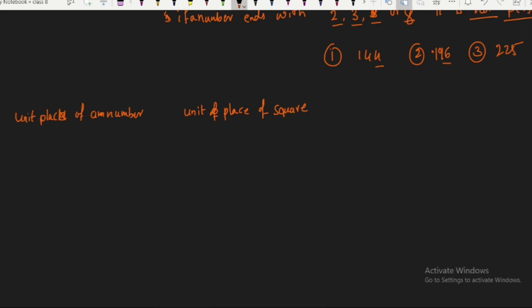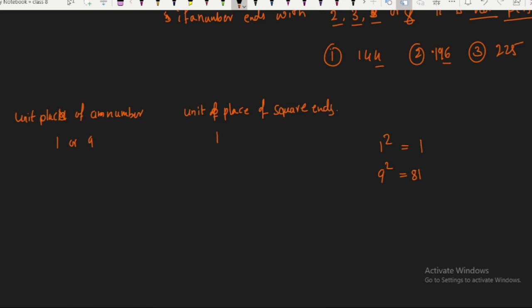So for example, you can see 1 square is 1, and 9 square is also 1, it is 81. So if the unit place of a number is 1 or 9, then its square ends in 1.